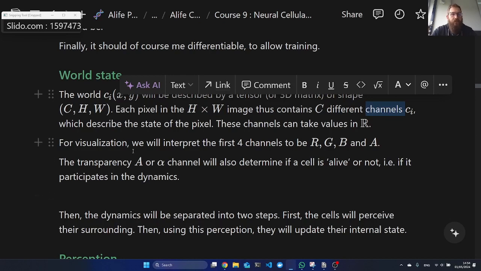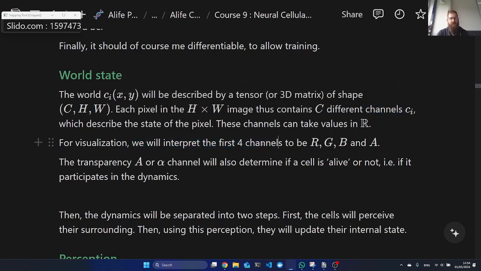So the first 3 channels of the pixel will be its red, green, and blue values, and the fourth one is the alpha, how transparent the pixel is. The rest of the channels are hidden. The number of channels you can choose in principle. In practice, we will use 12 hidden channels and 4 visible channels.